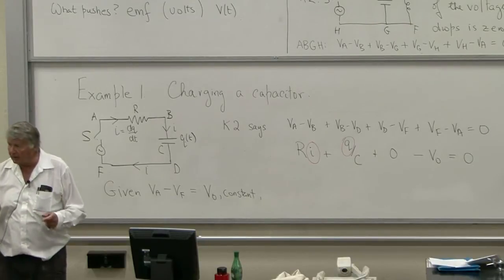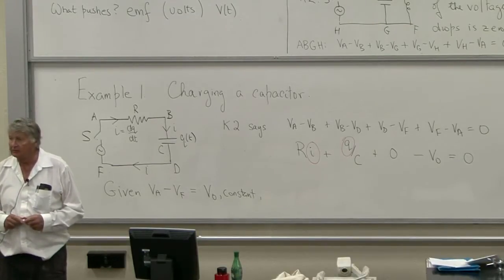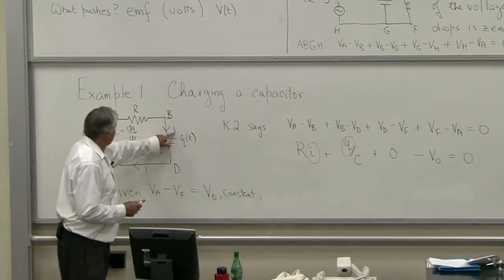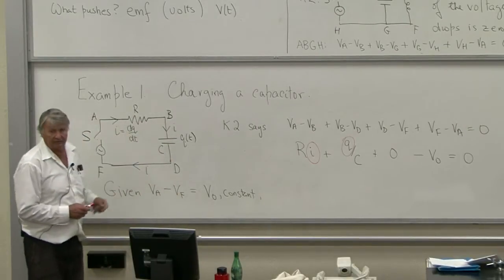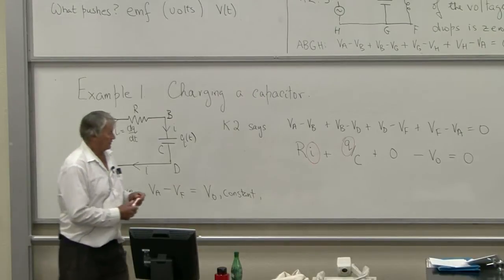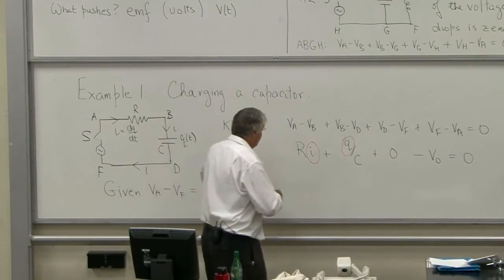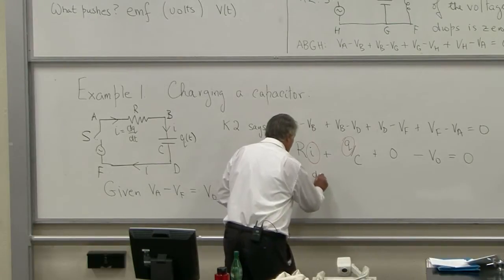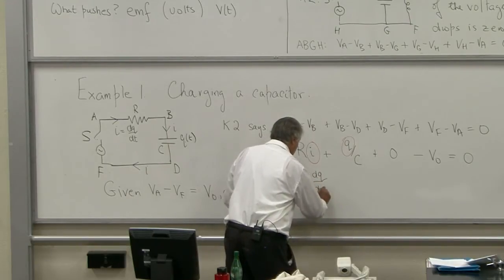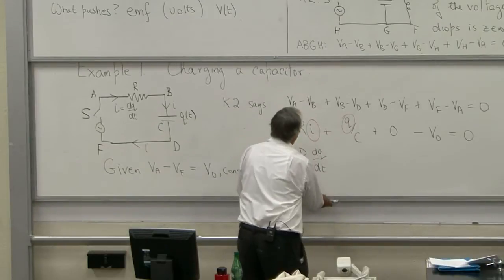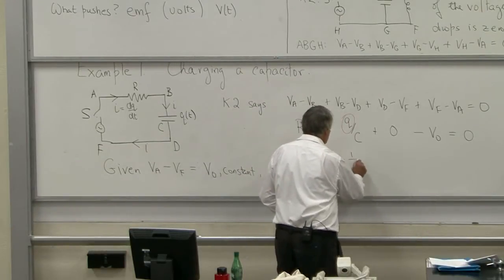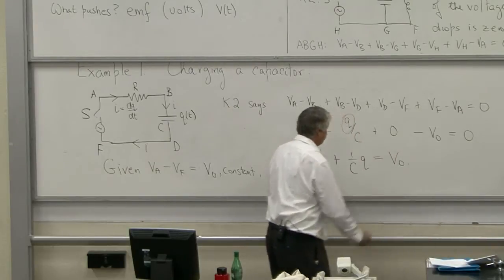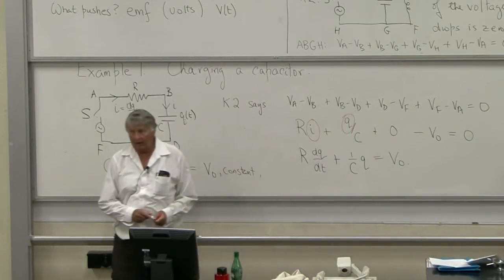How are Q and I related? Right. We know I is dq dt. So this is the equation: R times dq by dt plus 1 over C times Q equals V0. Wow.